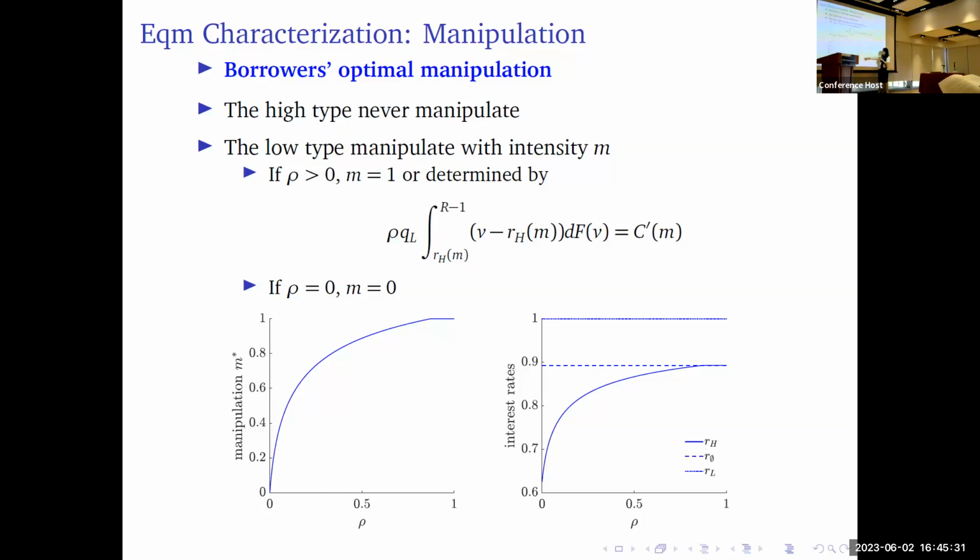So in the end, they can only charge this type of person higher and higher interest rates. So the limit of the low type manipulating will just hurt the high type, raising the interest rate received by them. So that's the intermediate step.